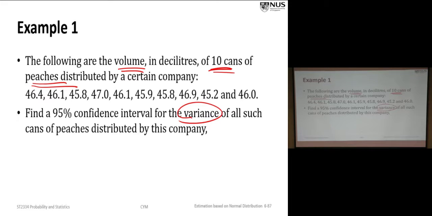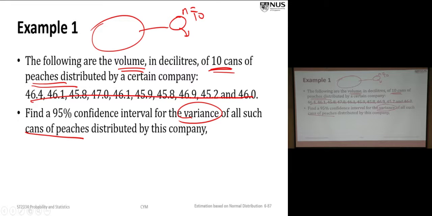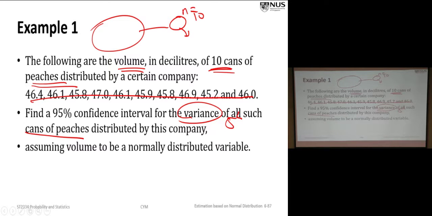From an infinite number of cans of peaches, we just take a sample of size 10, and these are the volumes of these cans. We want to estimate sigma square. We assume the volume follows a normal distribution.